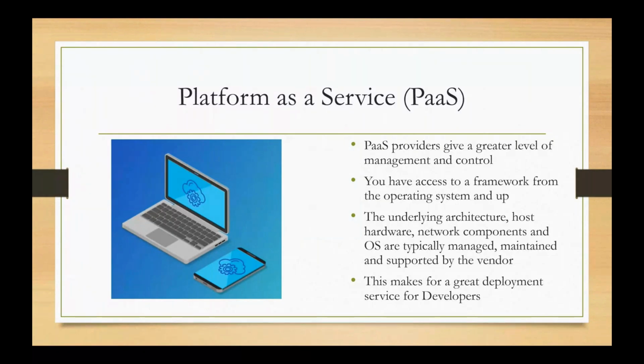You have access to the framework from the operating system and up. The underlying architecture, host, hardware, network components, and OS are typically managed and maintained by the vendor, a third party. This makes deployment easier for developers.